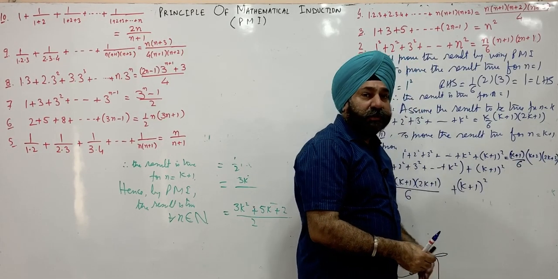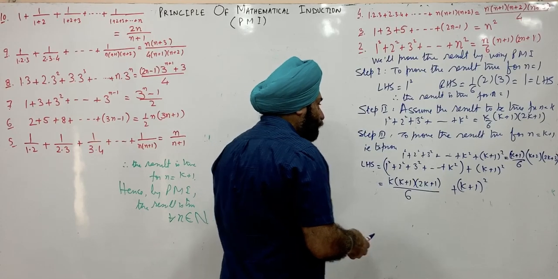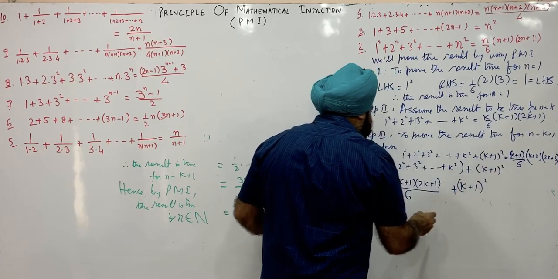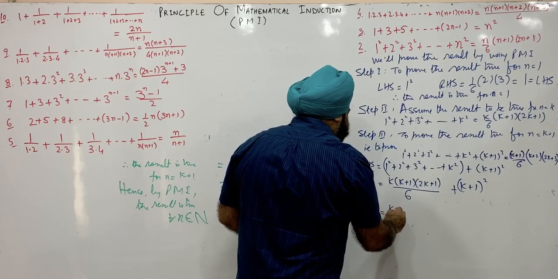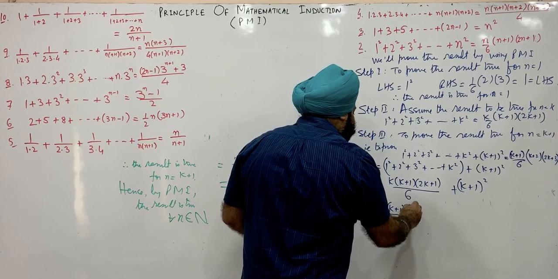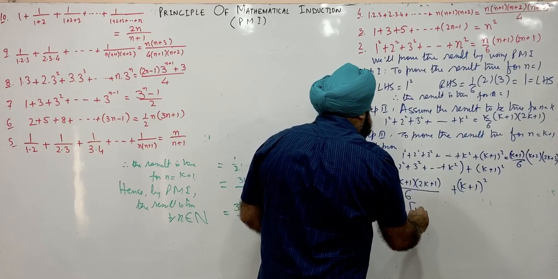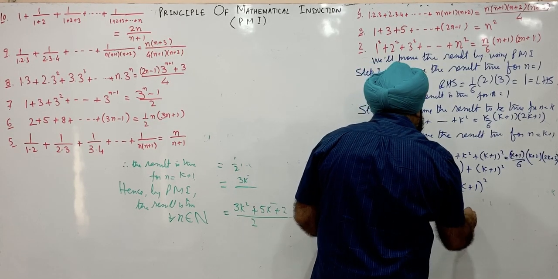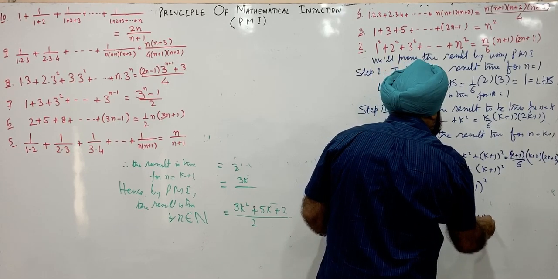Now how do we combine these to get this? It's the final result to be proved which guides us. We need k plus 1 and we need 6 in the denominator. So taking k plus 1 common, 6 LCM, this is k into 2k plus 1 and this will be plus 6 into k plus 1.